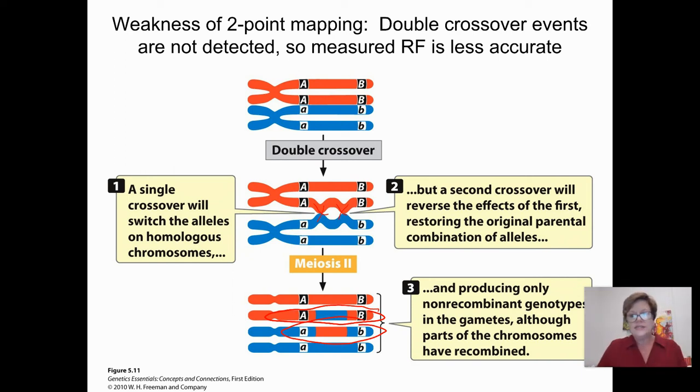When you can only see the phenotypes of these alleles and can't see the segment of DNA that's been swapped in between them, you will misinterpret these as parental allele combinations. And so we say that with 2-point mapping, your recombination frequencies are not as accurate as they could be.